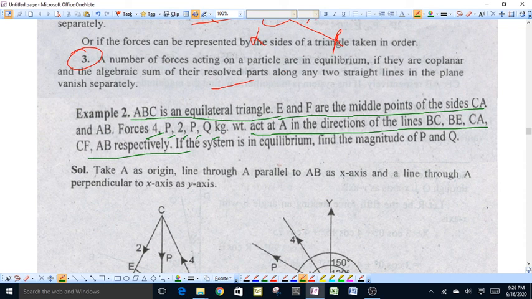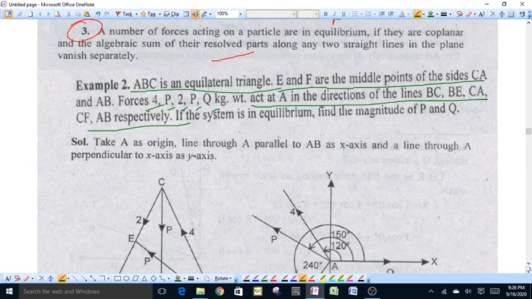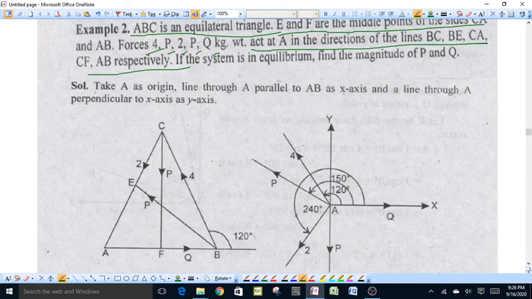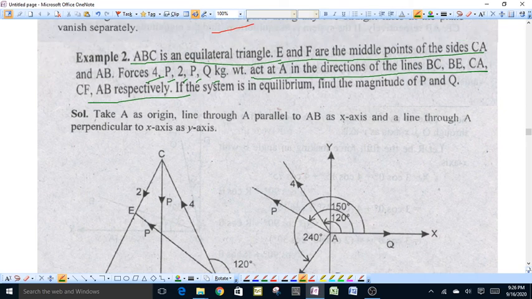If the system is in equilibrium, then we have to find the magnitudes of P and Q, because all these forces act along BC, BE, CA, CF, AB respectively.